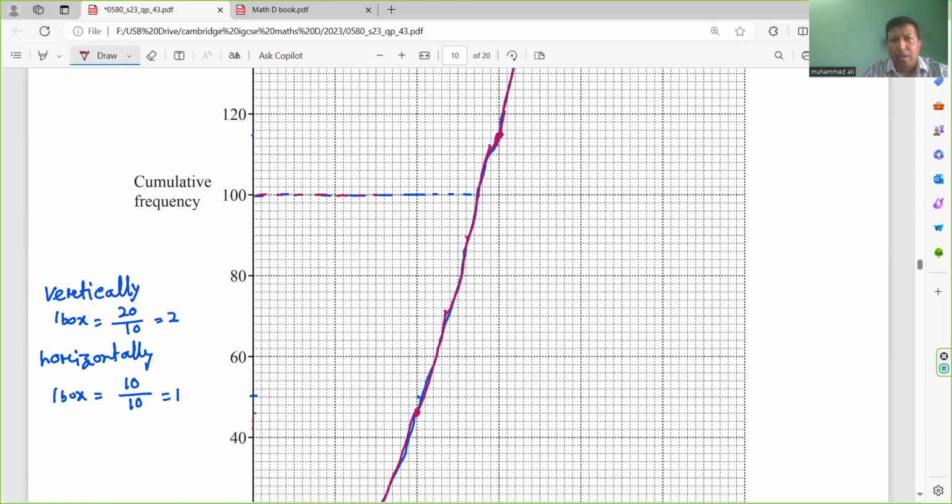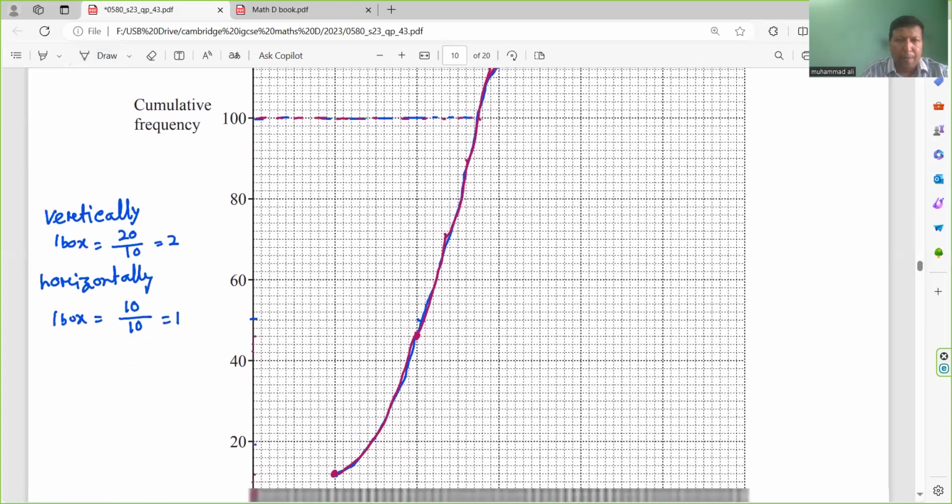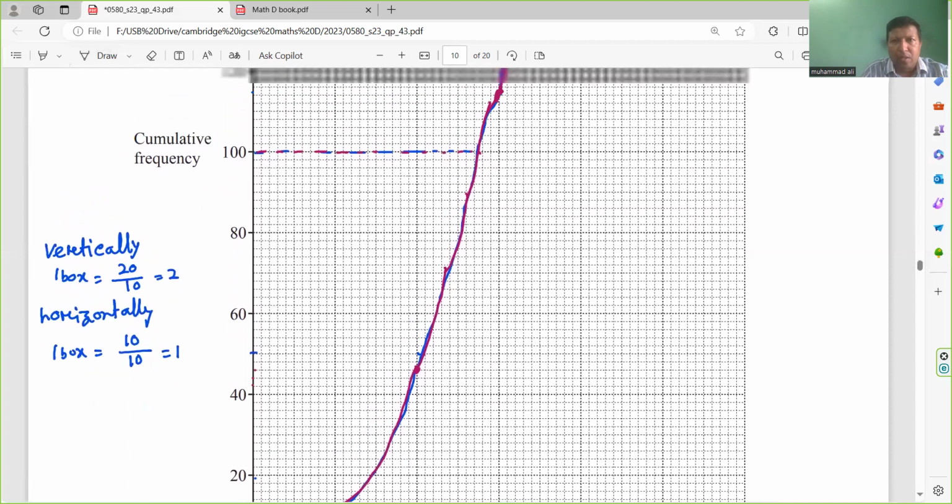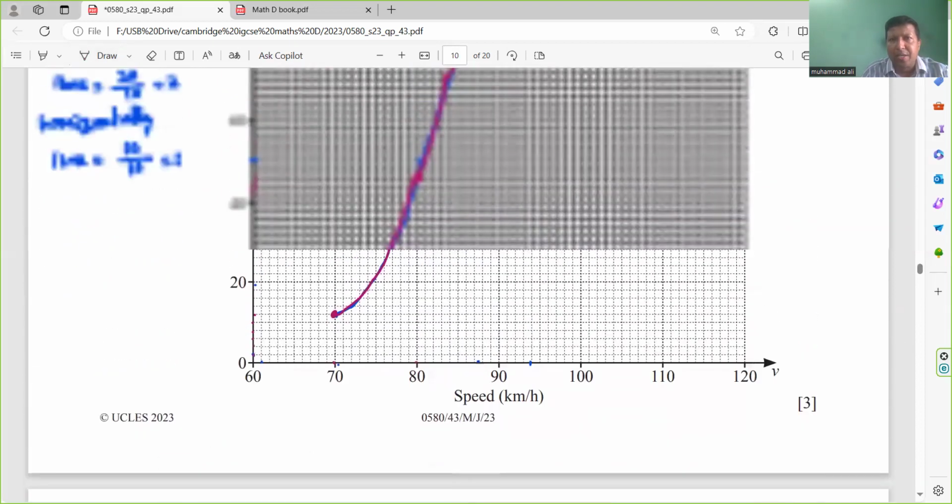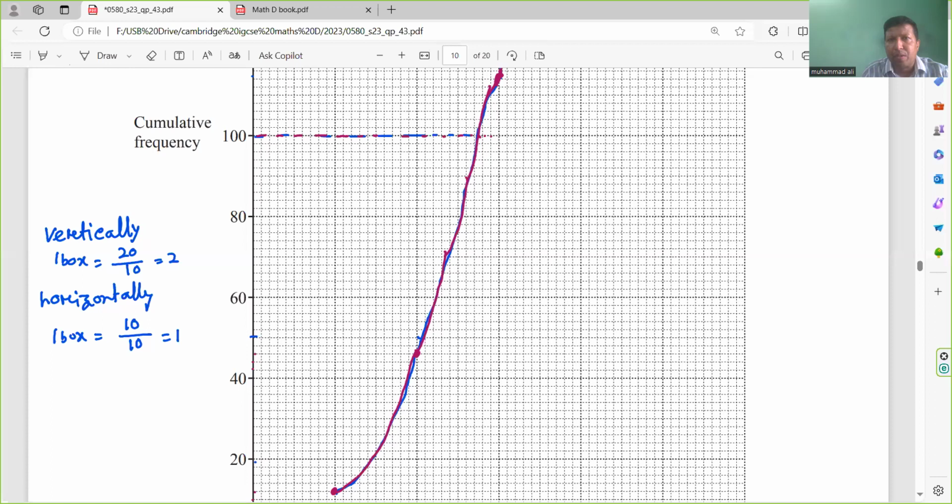So the speed corresponding to the 100th position: if it is 90, that means 89, 88, 87.5.